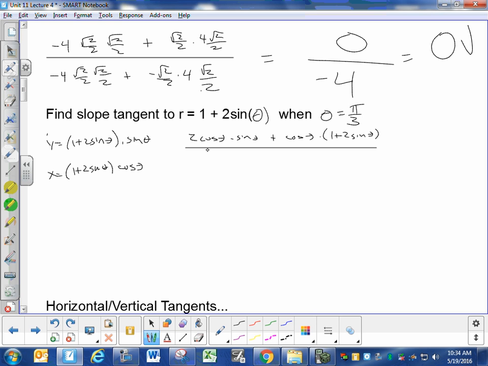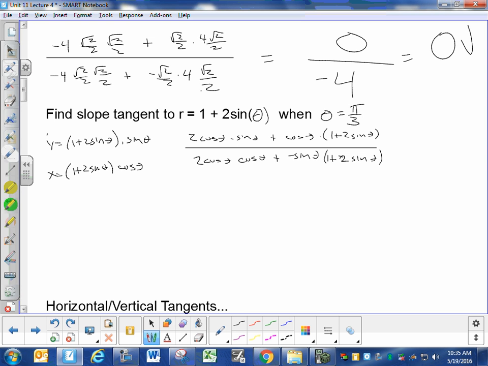Derivative of the first, again, 2 cos theta here times cos theta plus the derivative of cos theta, negative sine theta, times 1 plus 2 sine theta. Some teachers have you memorize a formula for the derivative of a polar. I find that it's just much easier to figure out what y is, figure out what x is, and go from there. Okay, again, messy.